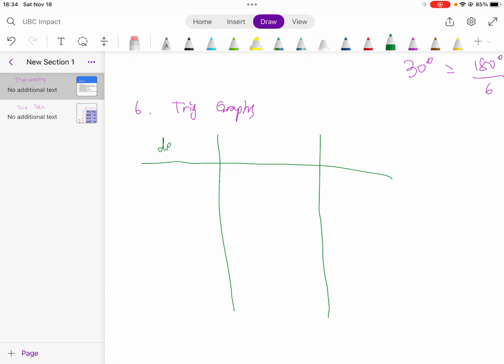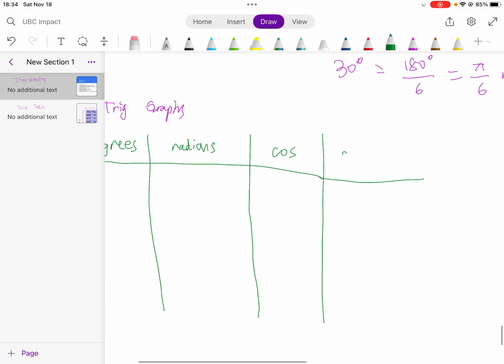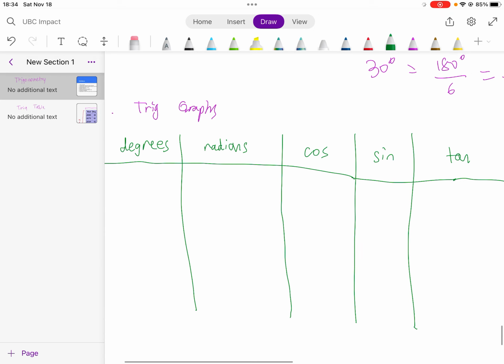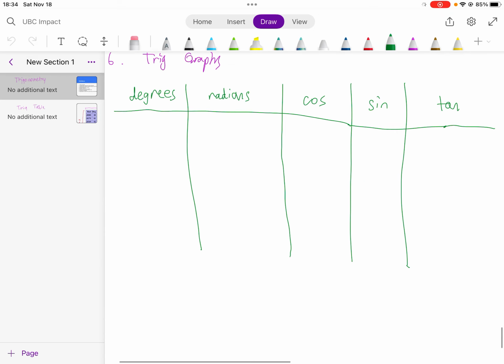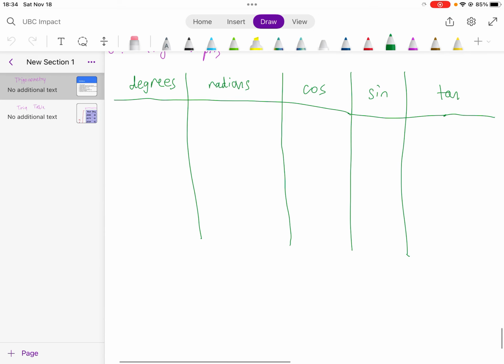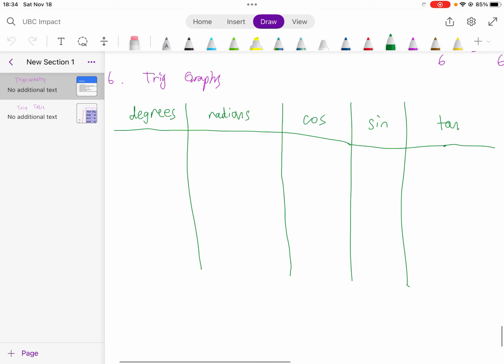Here is the number of degrees. Here's the number of radians. And then here is the cosine, sine, and tangent. We're going to try and fill this out for the following degrees.